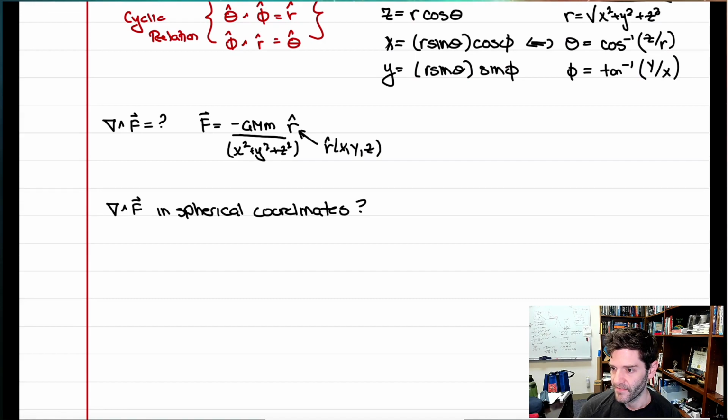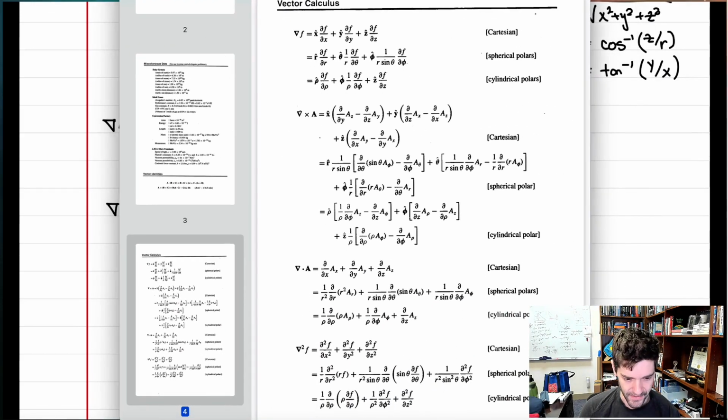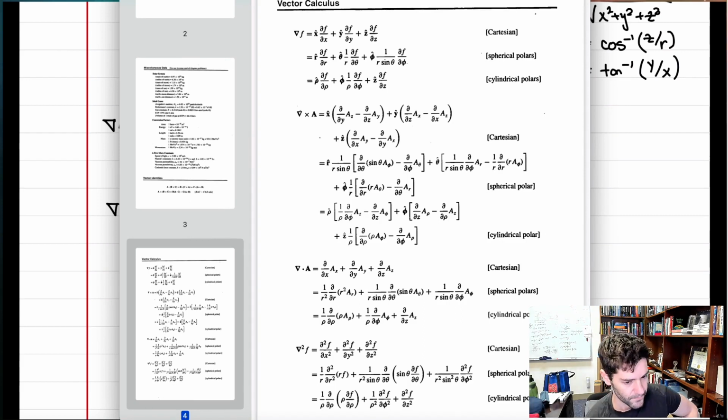And so you might have derived some of these in a calc class, but then you have relationships like the ones that are given in the back cover of your book, where when you are trying to do div, grad, and curl, and also the Laplacian, which is the divergence of the gradient, it's not quite as simple as it is for Cartesian, but additional things pop out, like sometimes there's a 1 over r or 1 over sine theta.